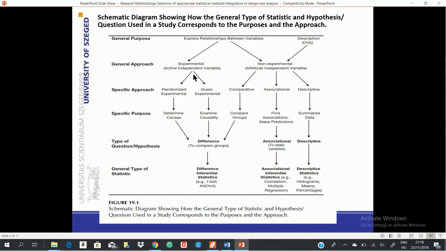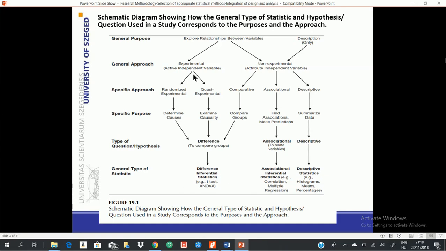Negative relation means that if one variable is high and the other variable is low. For type of question: difference means to compare groups. Associational is to relate variables, to know the correlation or relation between variables, and descriptive is to describe the results or summarize the data.